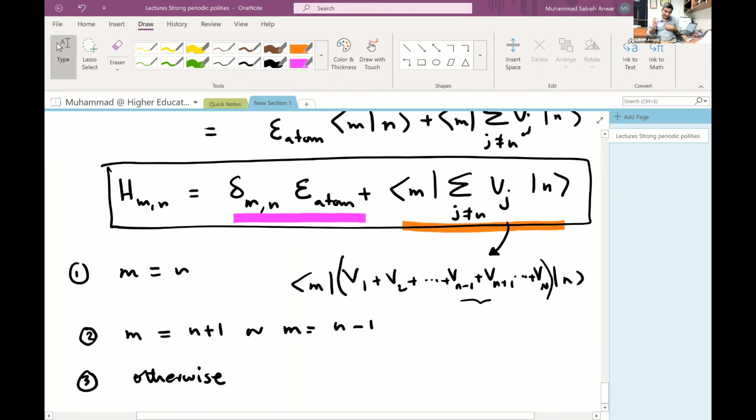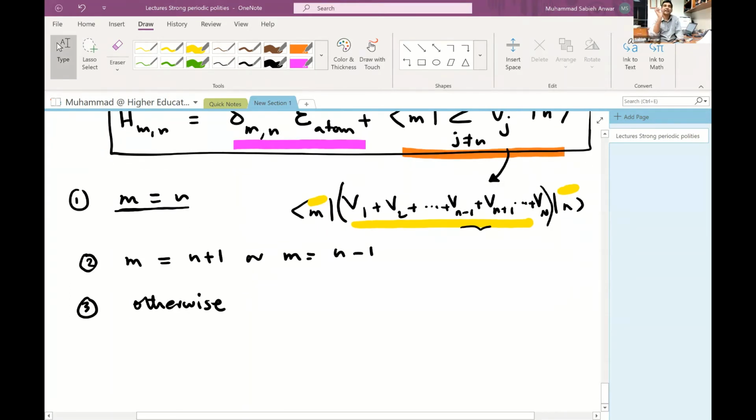All right. Now, if m equals n, which means that this index is the same as this index, then I'm really saying that I'm finding out the expectation value of all of these potential energies, excluding the nth orbital. I'm finding the expectation value in the nth orbital of all the potential energies besides the nth, which is slightly complicated.